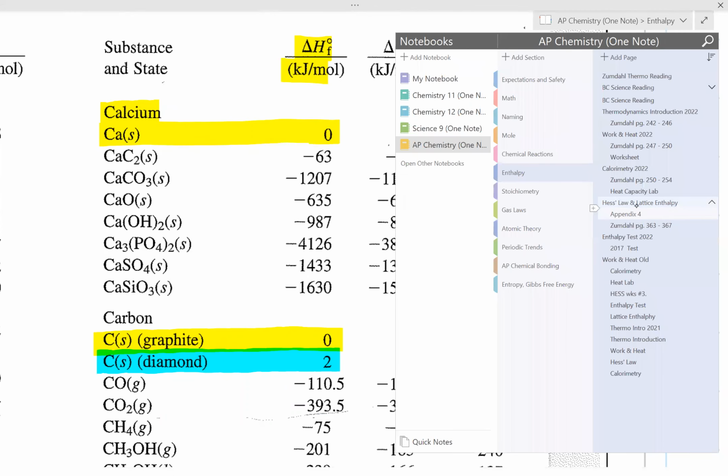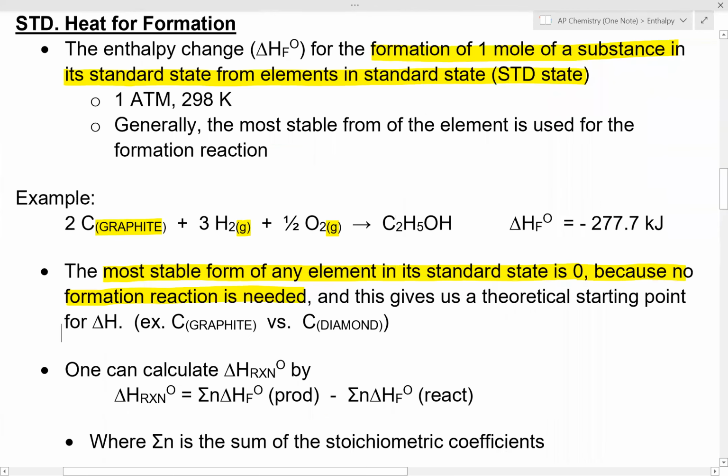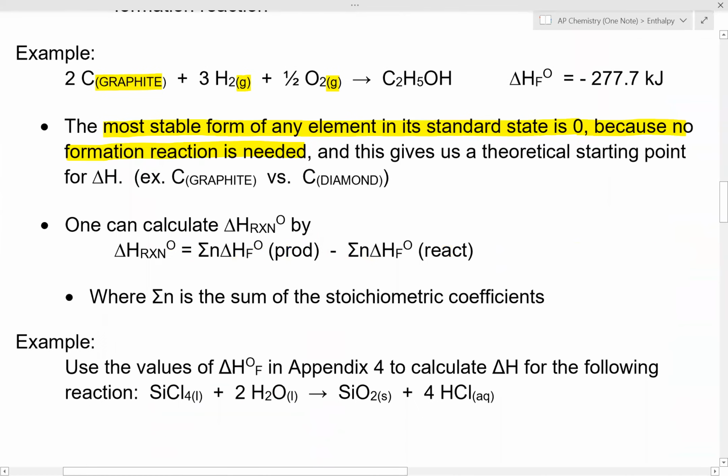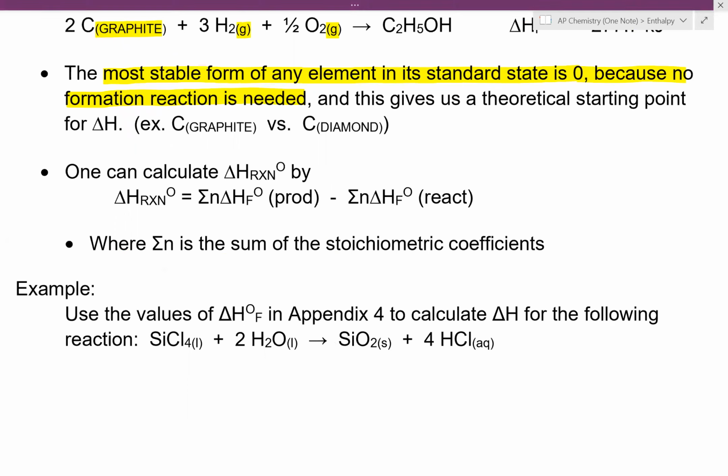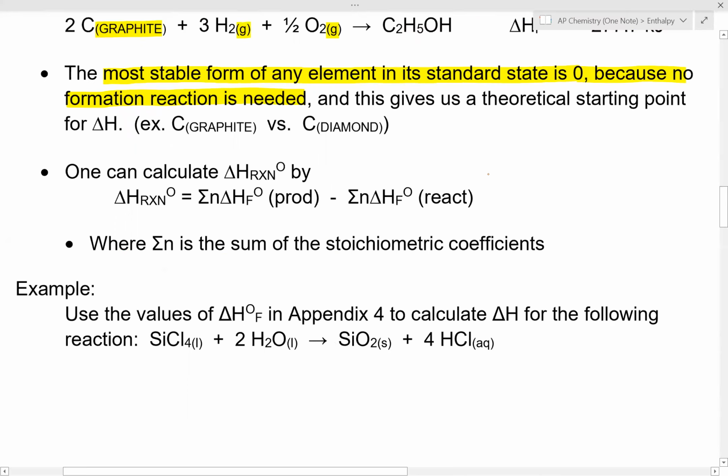Okay. Now, one can calculate the heat of a reaction by taking all the energies of formation of the products and subtracting from them all of the energies of formation of the reactants. Now, in this particular case, I state the formula right here.